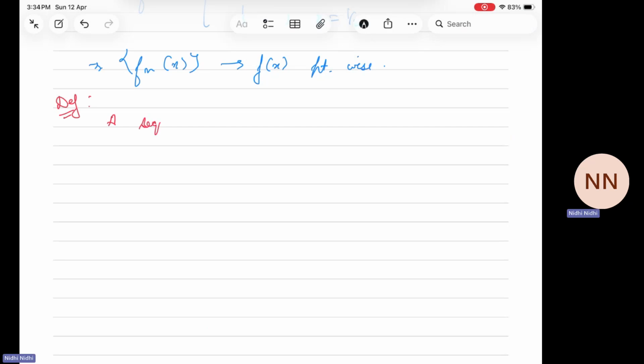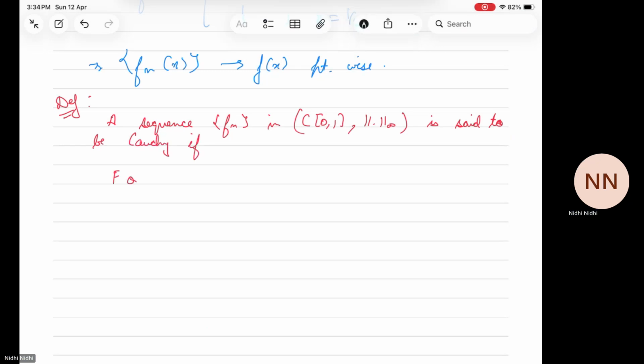A sequence Fn in C[0,1] with sup norm, this is our normed space, is said to be Cauchy if for any epsilon positive we can find an N in the natural numbers such that, instead of modulus of a real sequence of real numbers, now we have the norm.